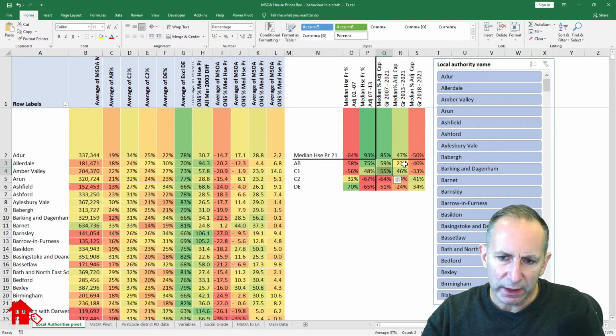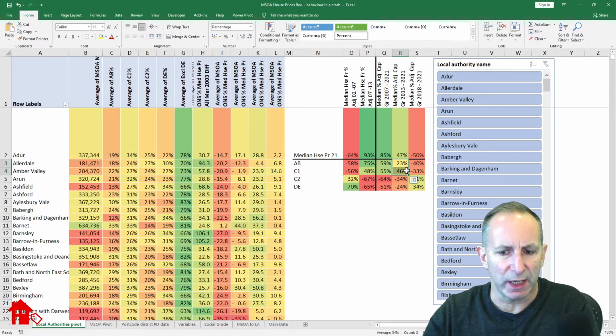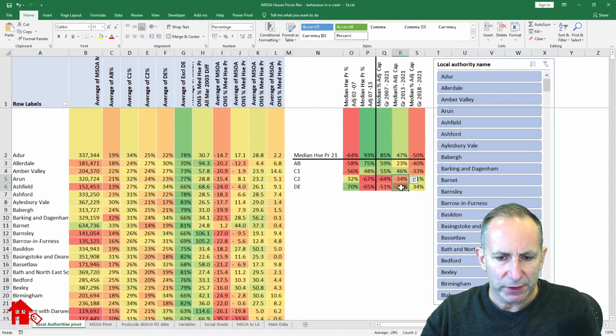And then here we see from the bottom of the market coming up to today, these better areas, or areas with higher social grade, have done better, and the lower social grade areas not so well.